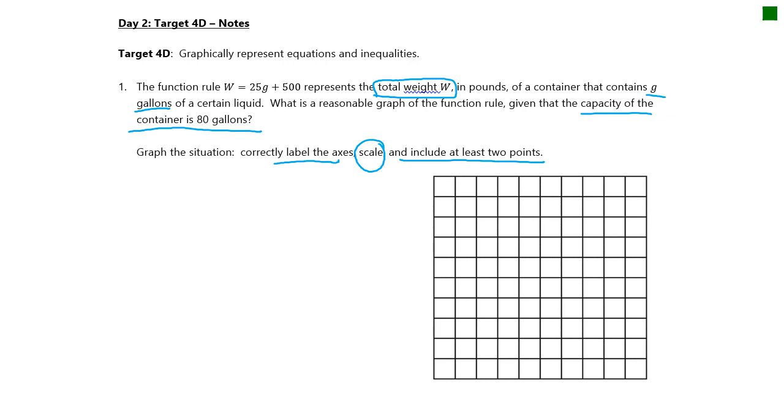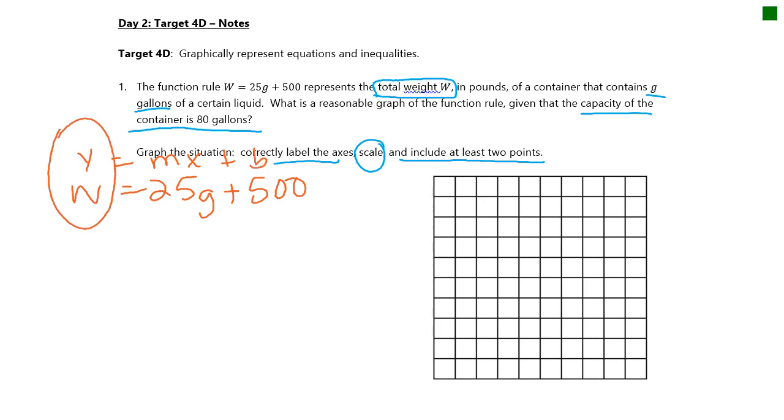The first thing you need to do is label the axis. First of all, we need to understand what's going on. I'm rewriting the equation here so I can see it better and bigger: W equals 25G plus 500. This looks exactly like my equation. Y represents W, my X represents G, my slope is 25, my B, which is my y-intercept, is 500.